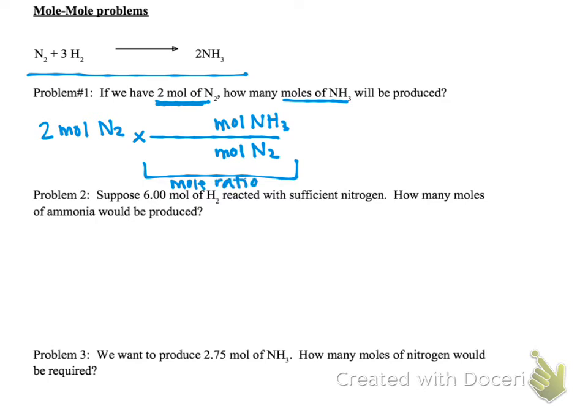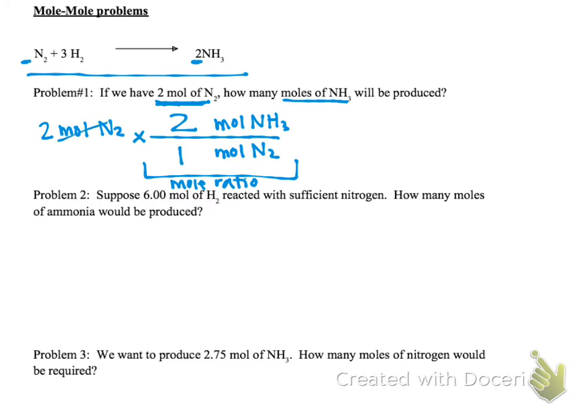And your mole ratio comes from your balanced equation. So you need to look at your ratio between NH3 and N2. If you look at your balanced equation, you have 2 NH3 for every 1 N2. So you put that mole ratio into your fraction: 2 NH3 to every 1 N2.